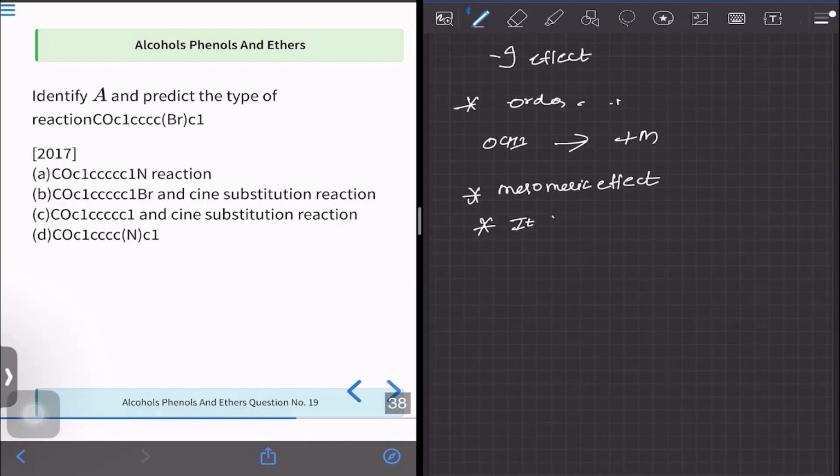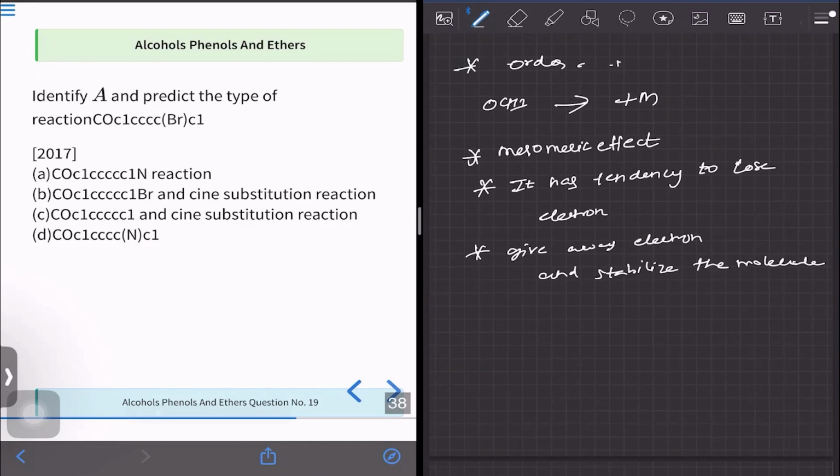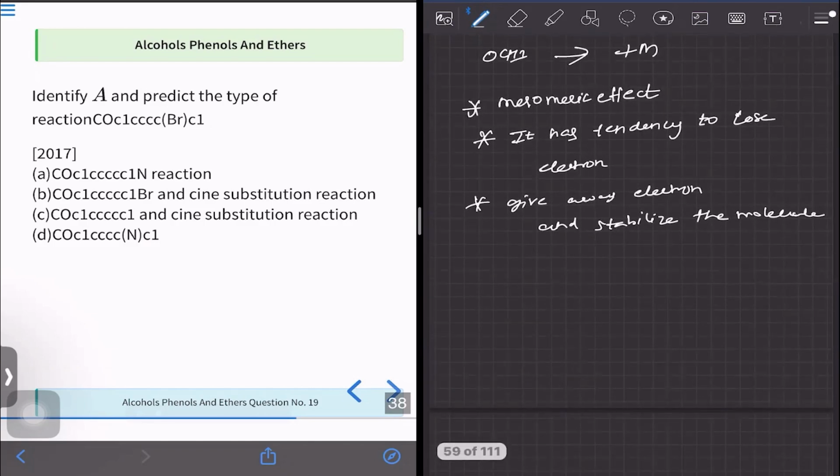It has the tendency to lose electrons, so it gives away electrons and stabilizes the molecule. So OCH3 has minus I effect and plus M effect.